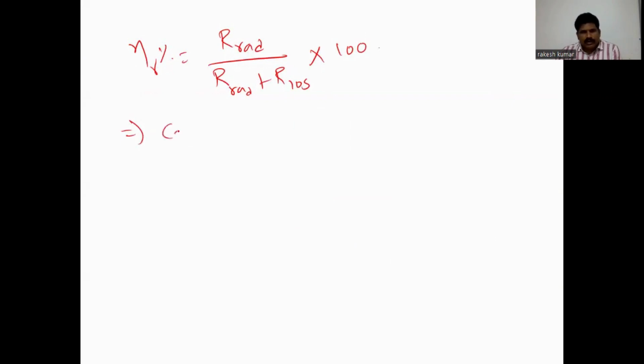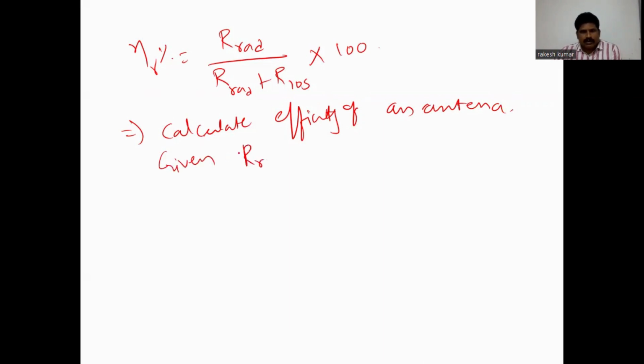For example, calculate the efficiency of an antenna given radiation resistance is equal to 73 ohm and loss resistance is equal to 4 ohms.